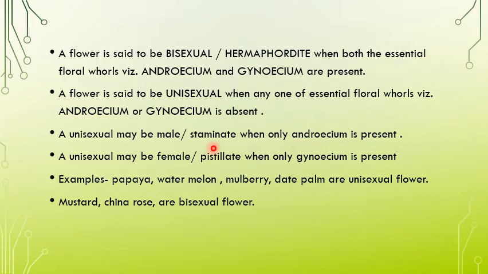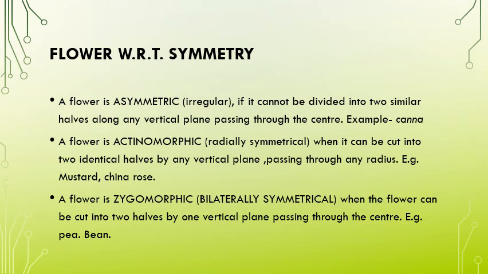It may be female or pistillate when only the gynoecium is present. Papaya, watermelon, mulberry and date palm are examples of unisexual flowers, whereas mustard, china rose, guava, mango, bean and pea are all examples of bisexual flowers.